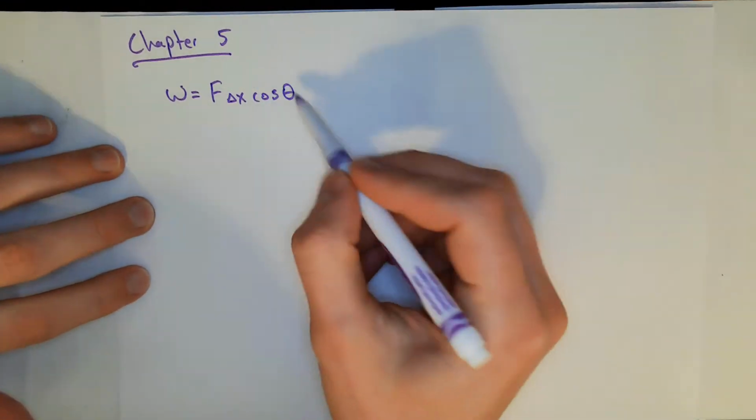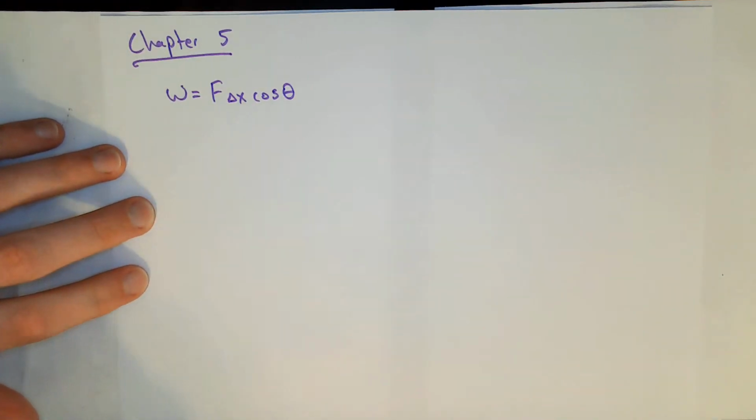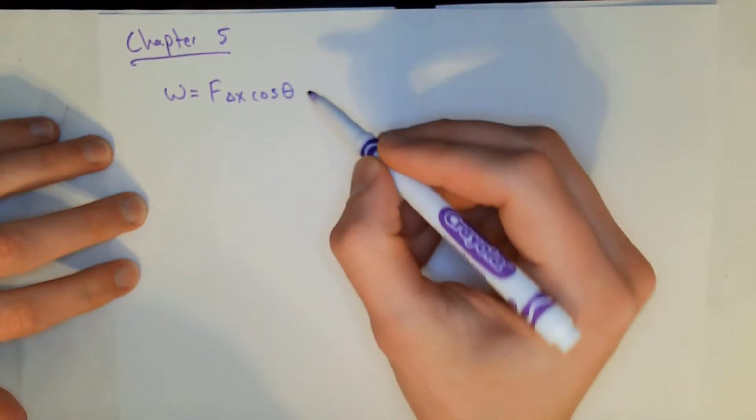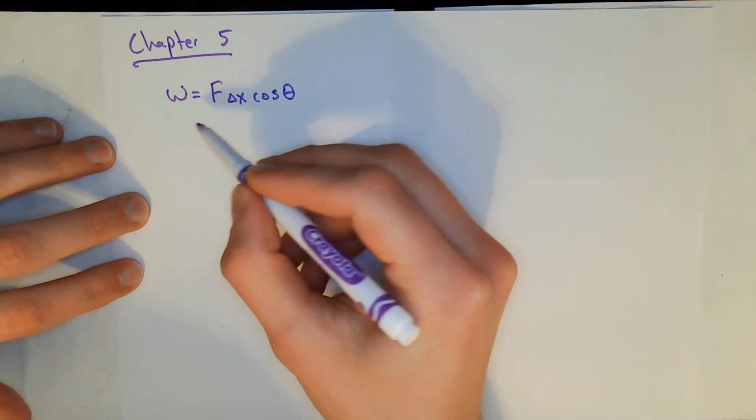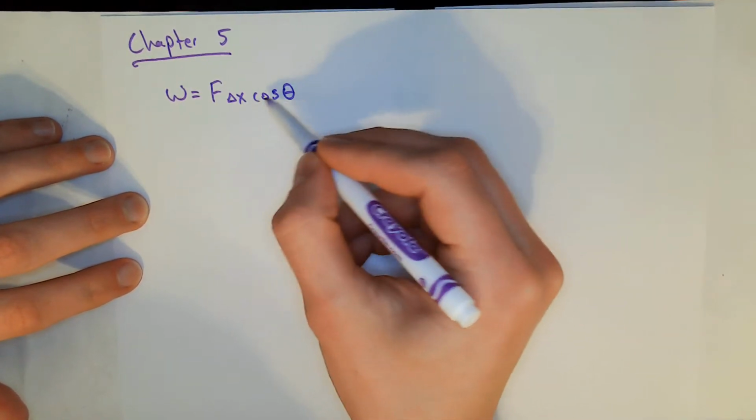I want to talk a little bit more about this cosine theta thing too. This just tells you that the work is going to depend on the direction of the force.